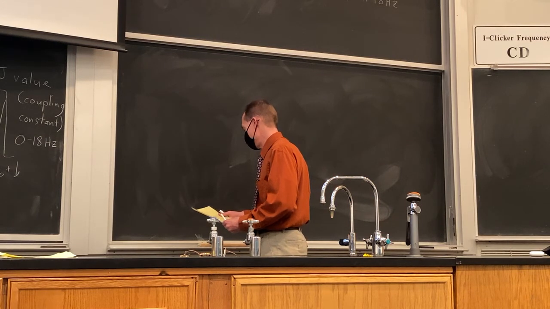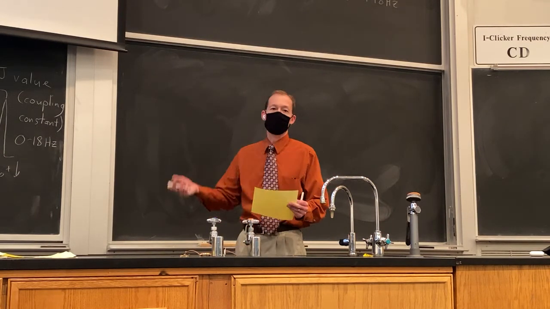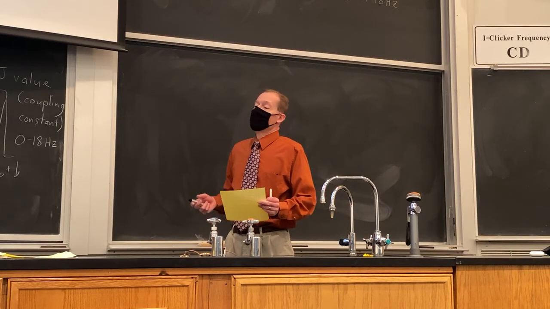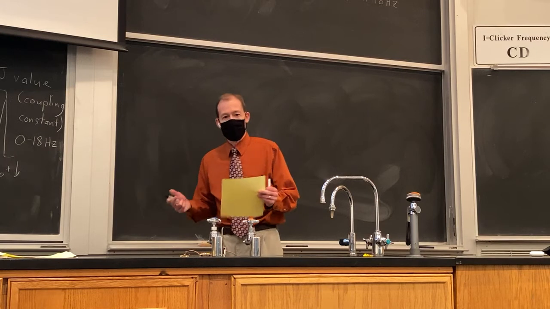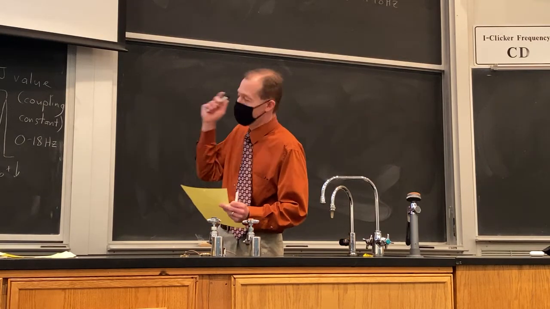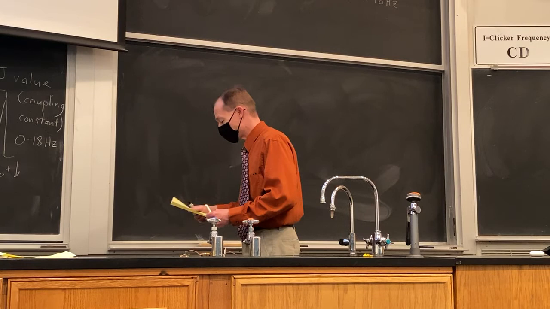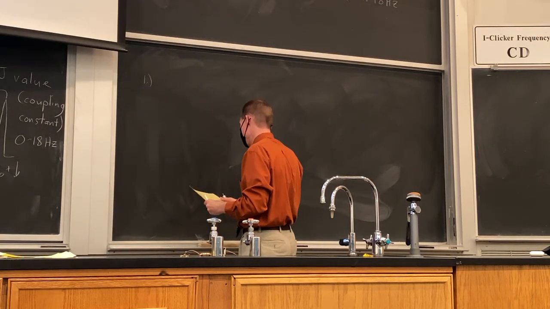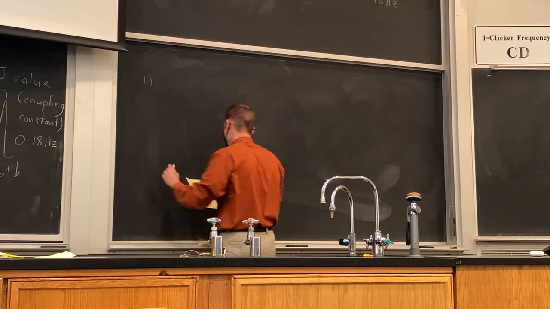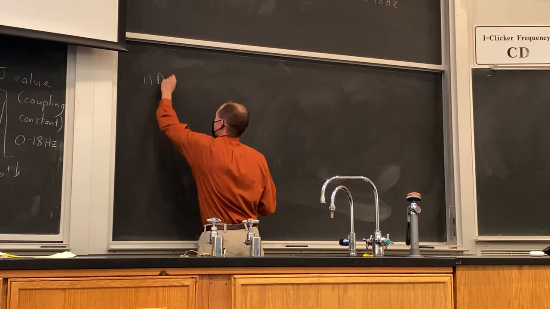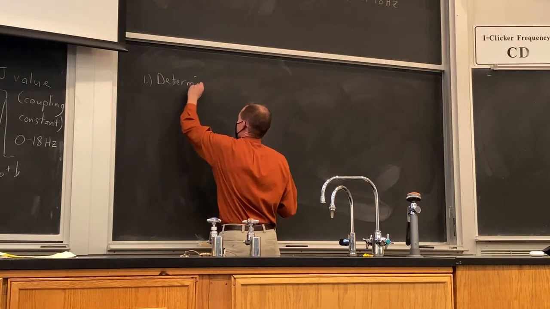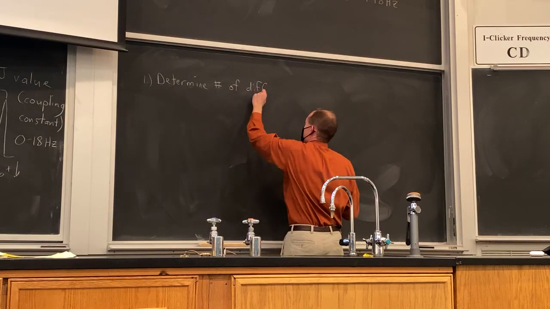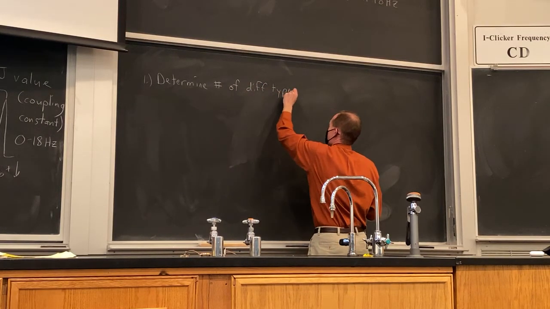And this is what you would do after you've looked at the mass spec and the IR. I would look at the mass spec first and come up with a molecular formula. I would look at the IR second to figure out some functional groups. From the IR here, we figured out we have a carbonyl. And then the first thing I would do after looking at the proton NMR is determine the number of different types of hydrogens.